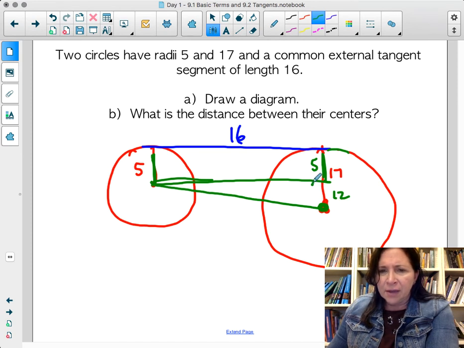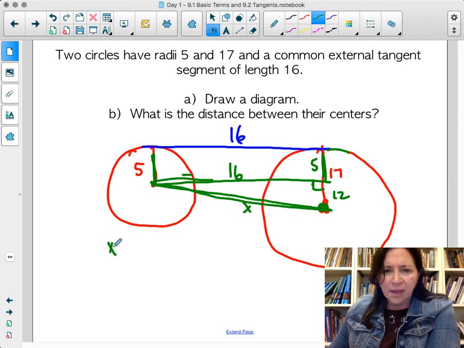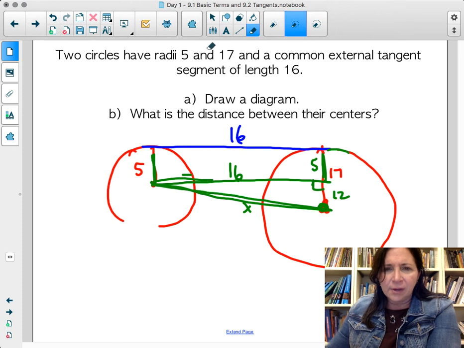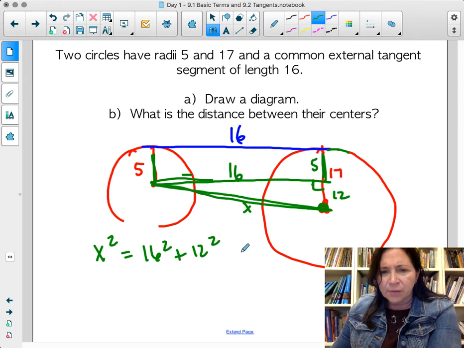You know that this length here is perpendicular because that's horizontal. You know this length is 16. So you can find the length between these two by just using the Pythagorean theorem. X squared is my hypotenuse, equals 16 squared plus 12 squared.